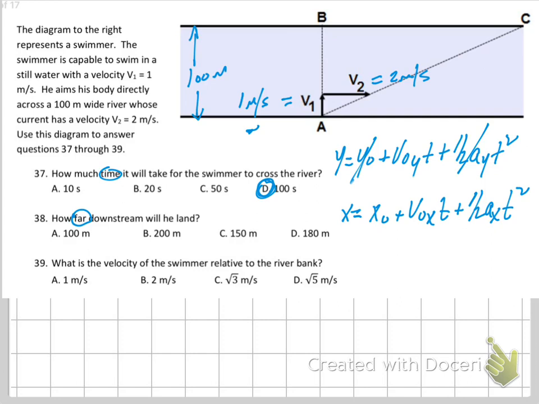In the x direction, we start at a position of 0, and again there's no acceleration, so we're left with x equals v naught x t.